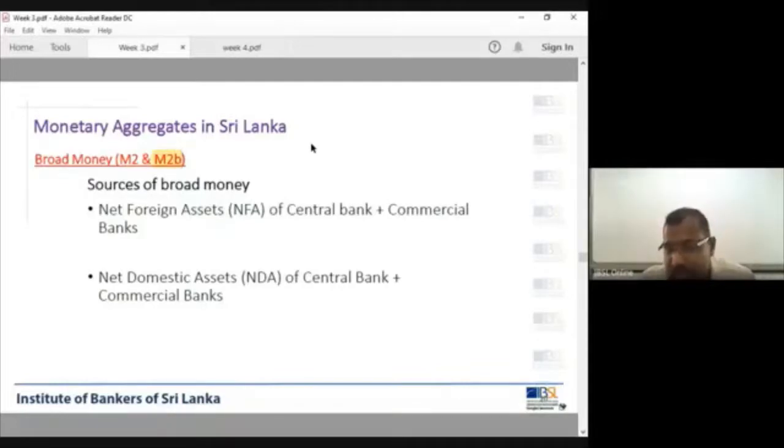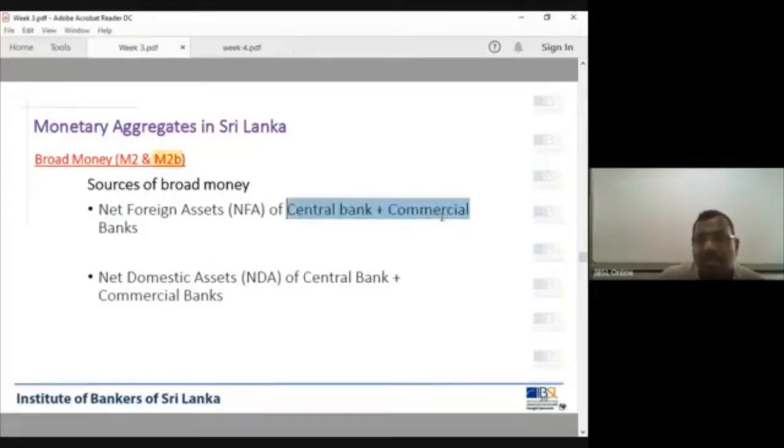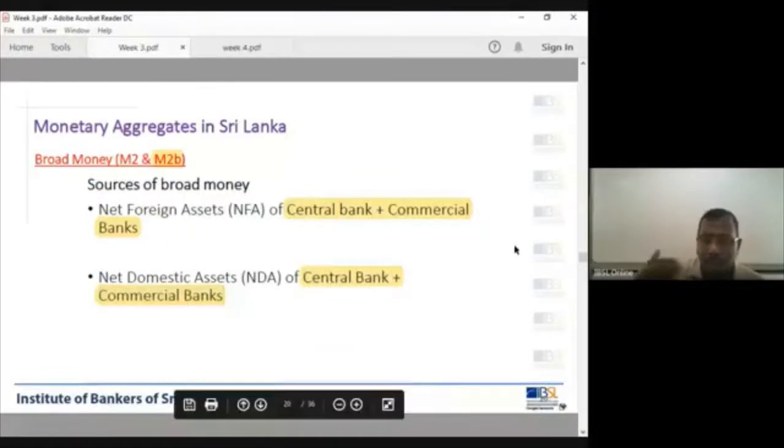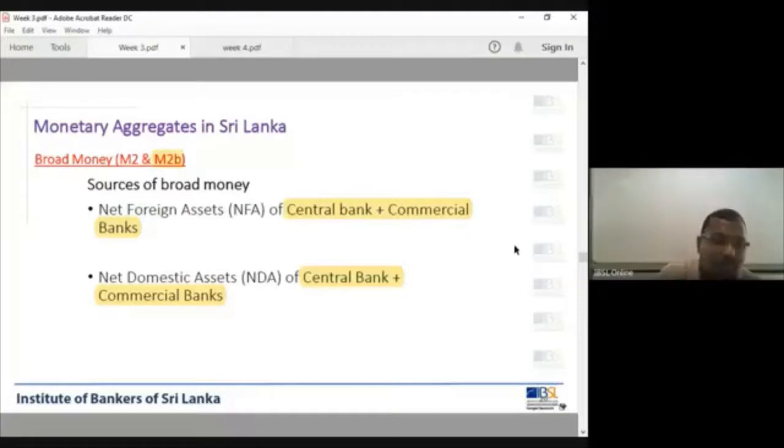Similarly, in the case of broad money, the operations of the banking sector will work. So the central banks and commercial banks' foreign currency operations, and domestic operations, will determine the broad money.